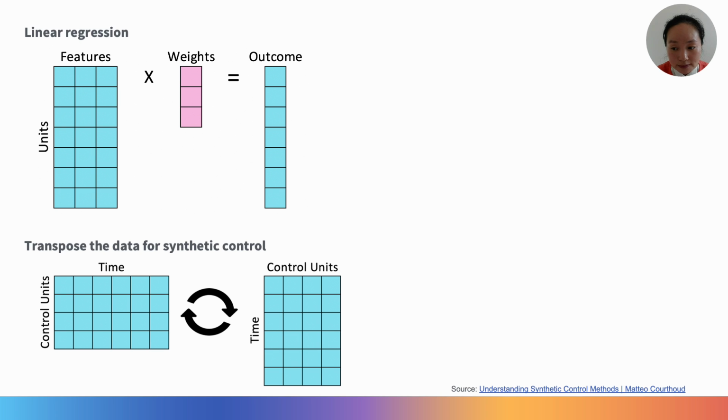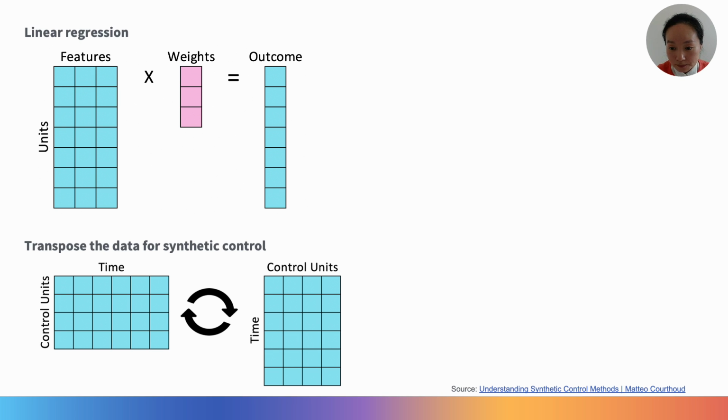Control units like these places, or these groups, these individuals, without receiving the treatment, their observations of the outcome at various time points. If we transpose that right now, the column would become the control units, and the row would become different time points of the observation.